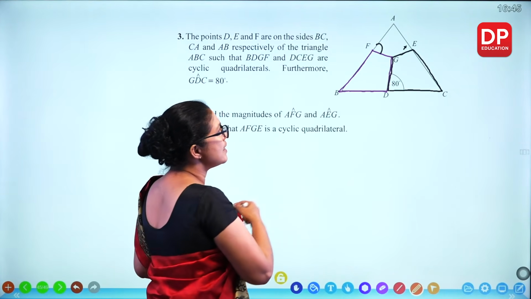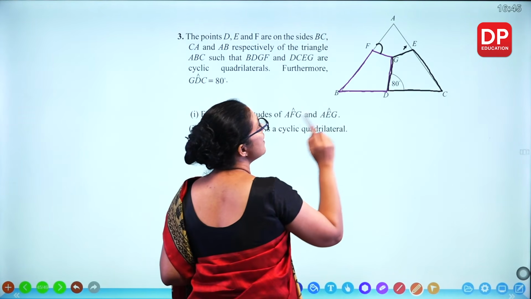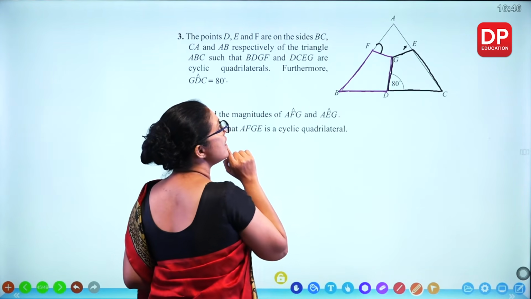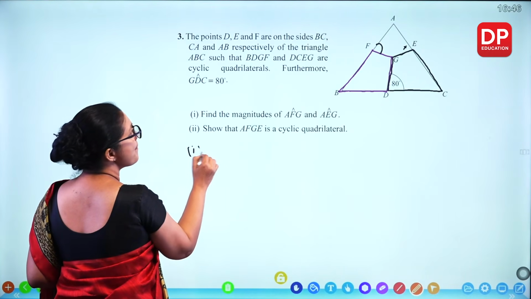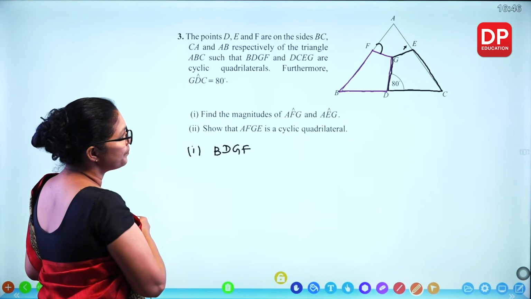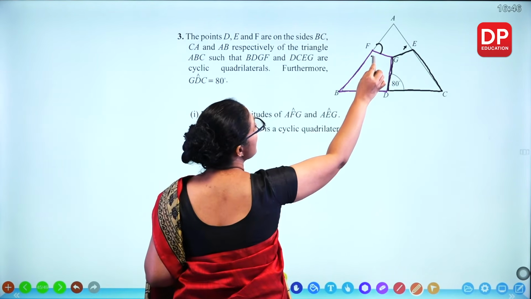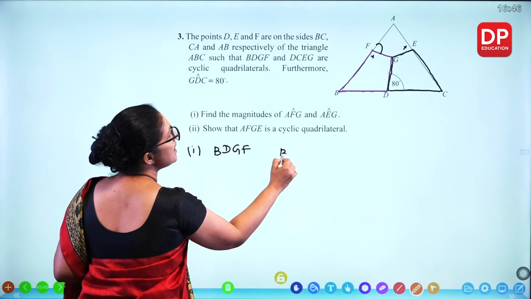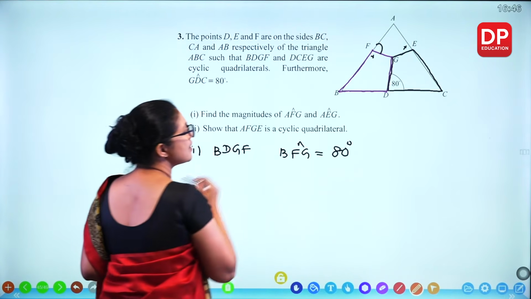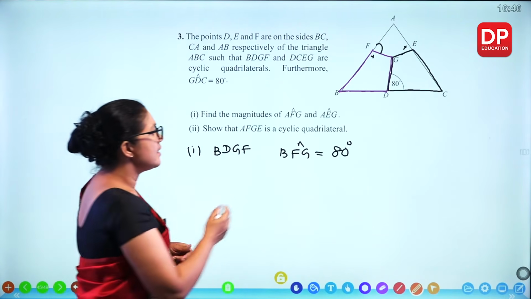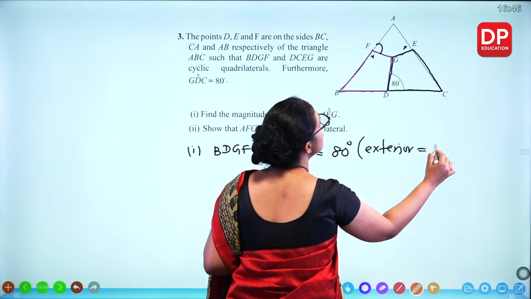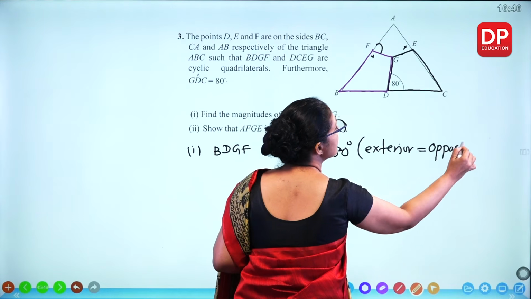So we can find out easily. Look carefully. This is the exterior angle to this cyclic quadrilateral F, B, D, G. We can find out this BFG angle is 80 degrees because exterior angle is the same as opposite interior angle.